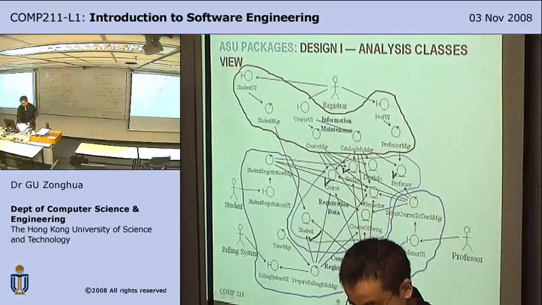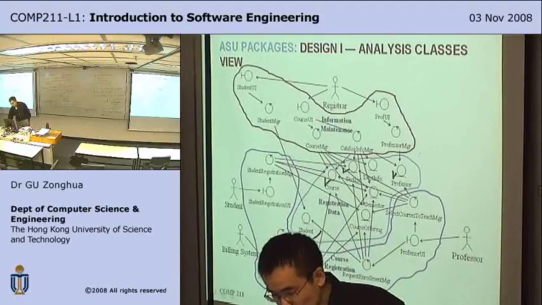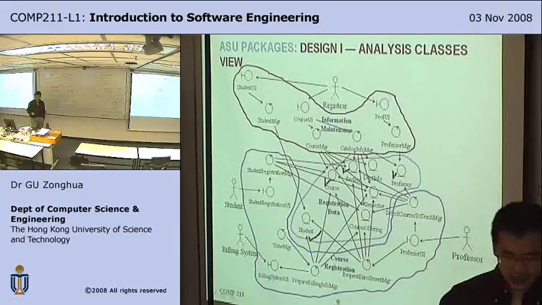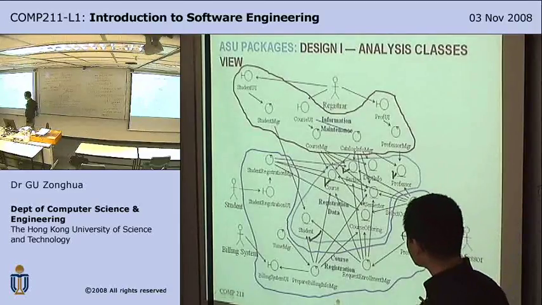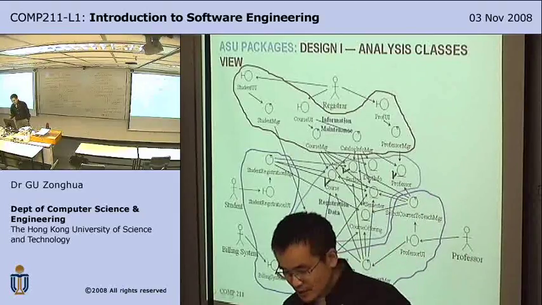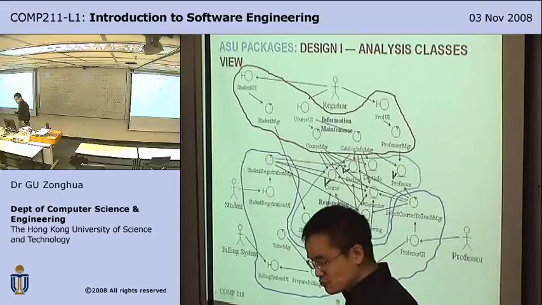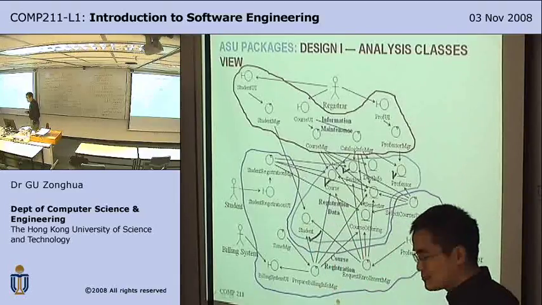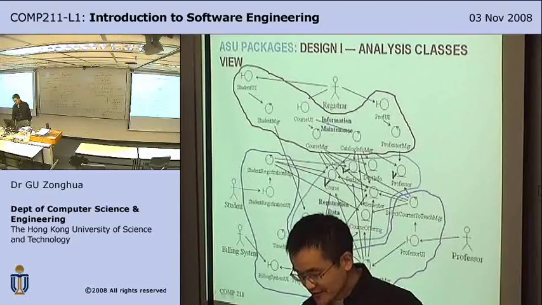So here we pull out registration data as all the entity classes pertaining to persistent data, while all the control classes and boundary classes related to course registration are grouped into one package, and all the control and boundary classes related to information maintenance are grouped into another package.